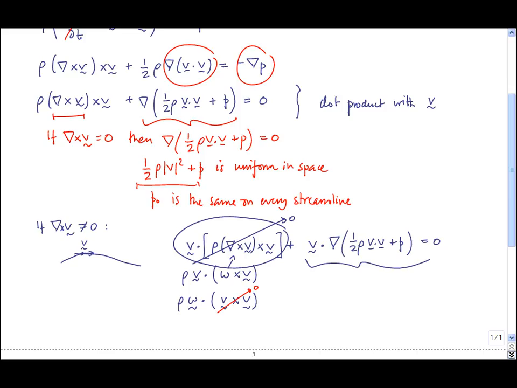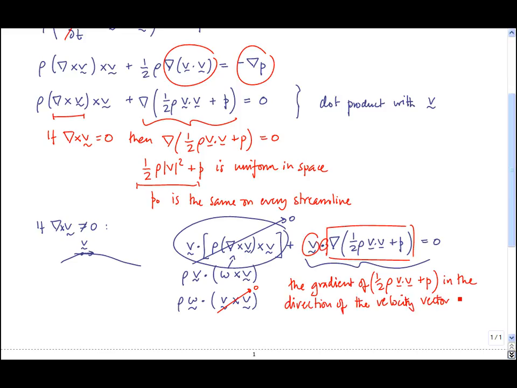Now let's look at this in more detail. We're saying here that the gradient of this function, half rho v dot v plus p, in the direction of the velocity vector is equal to 0. And this is just Bernoulli's equation along a streamline, because this is the stagnation pressure, and if I'd repeated it including gravity, that would be the total pressure, or the Bernoulli constant.